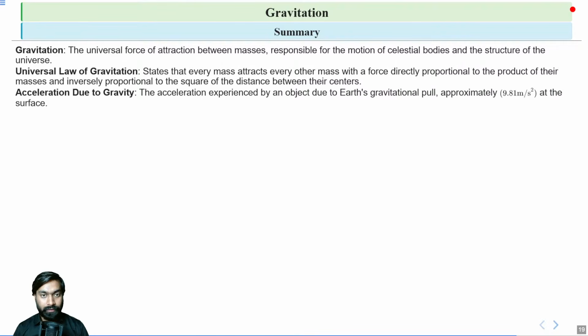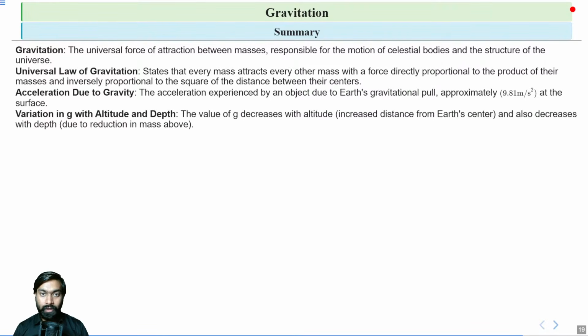And acceleration due to gravity, the acceleration experienced by an object due to the earth's gravitational pull, approximately 9.81 meter per second square at the surface. And variation in g with altitude and depth: the value of g decreases with altitude, with increased distance from the earth's center, and also decreases with depth due to the reduction in mass above.